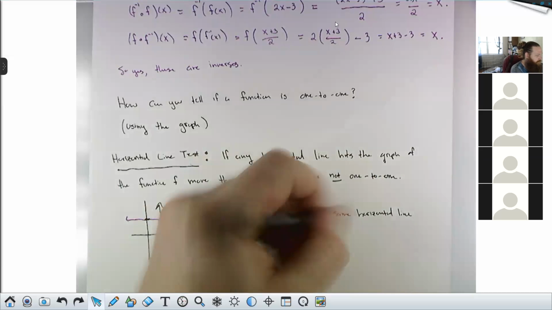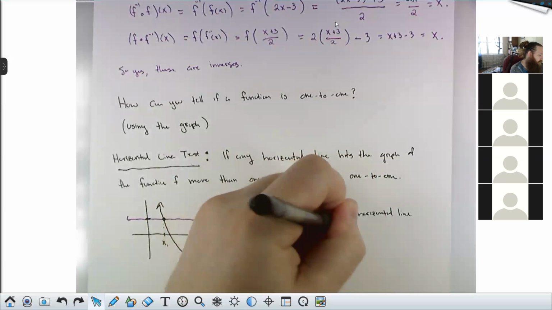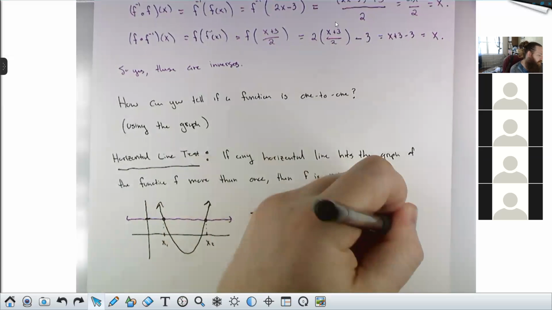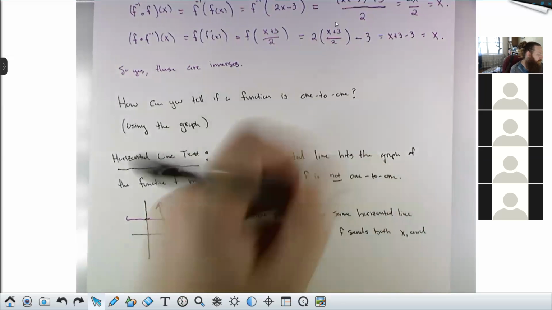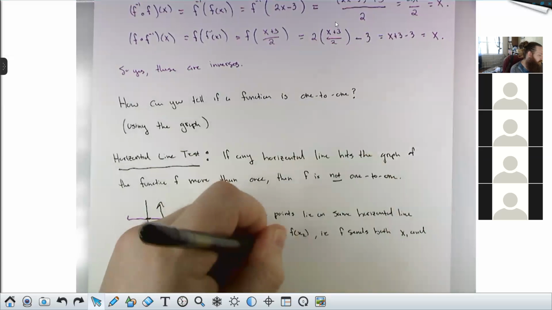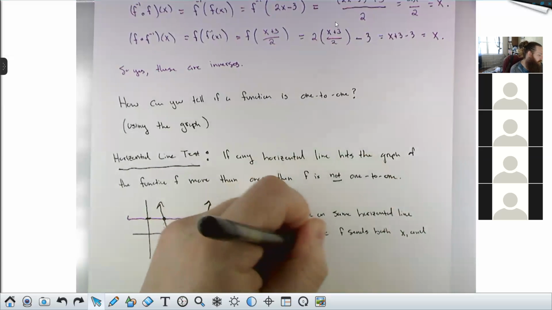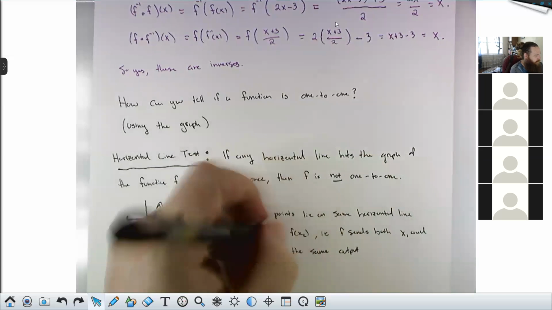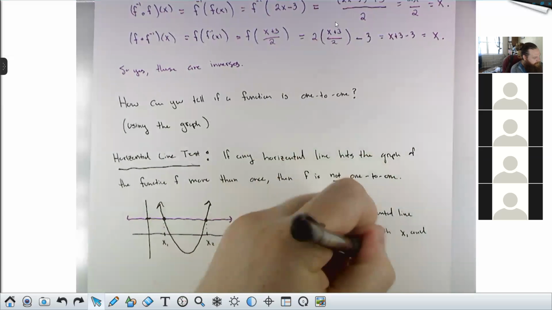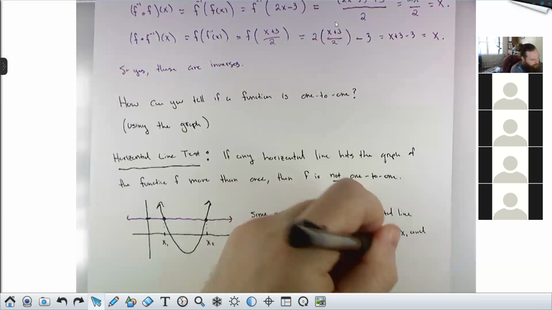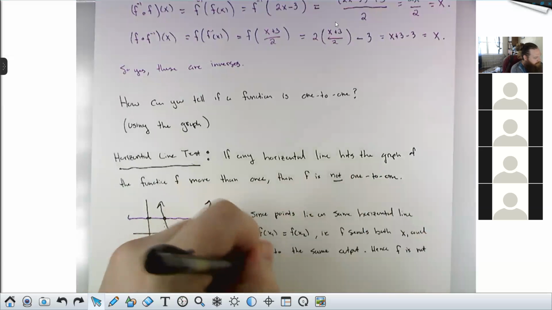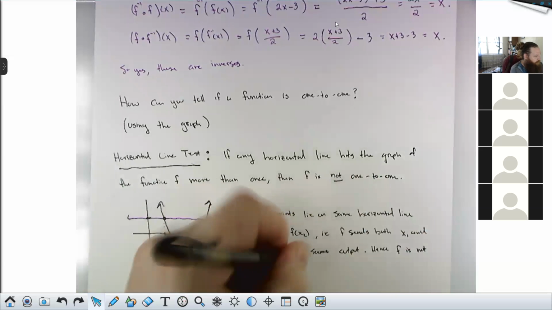In other words, f sends both x1 and x2 to the same output, hence f is not one-to-one.